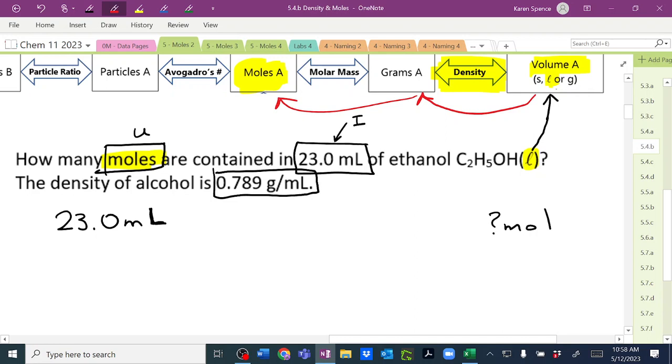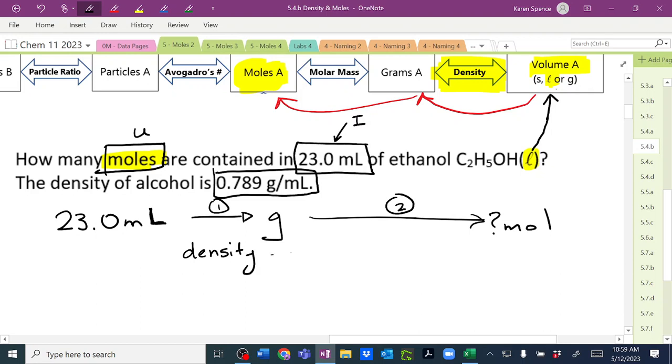Can we go from grams to moles? Yes, we can. So that is a two-step problem. What do we use to convert between milliliters and grams? We use density. What do we use to convert between grams and moles? Molar mass.